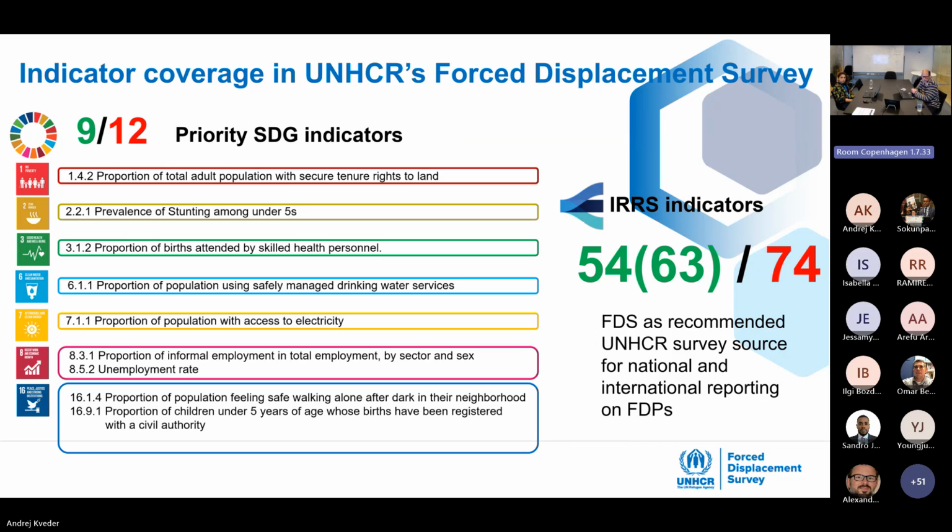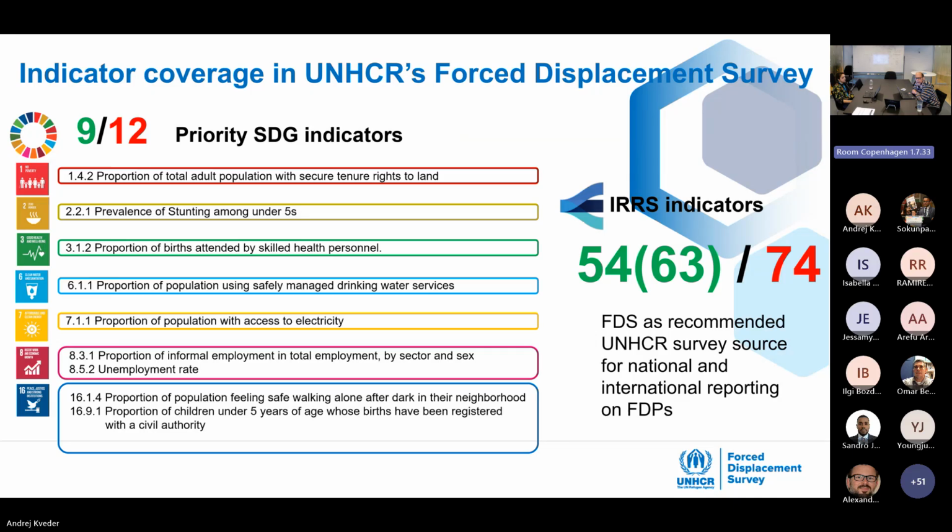I have already mentioned the importance of the SDG indicators. So currently, FDS covers 9 out of the 12 priority SDG indicators that are identified and prioritized for the segregation by displacement status.